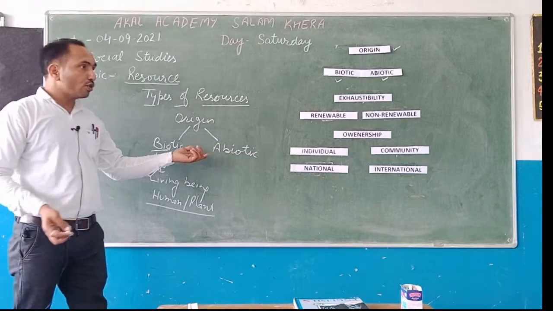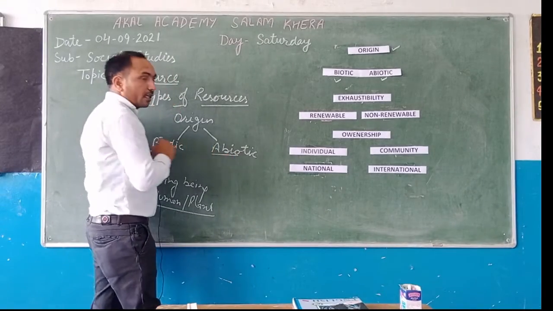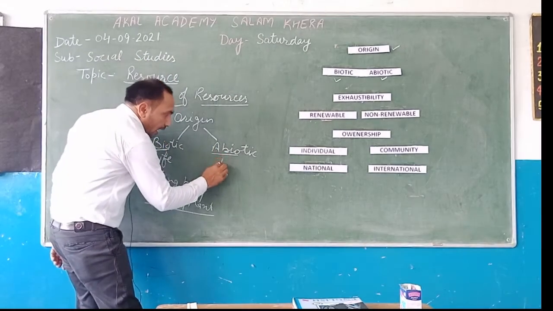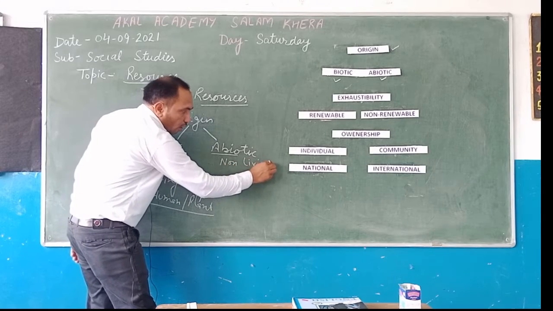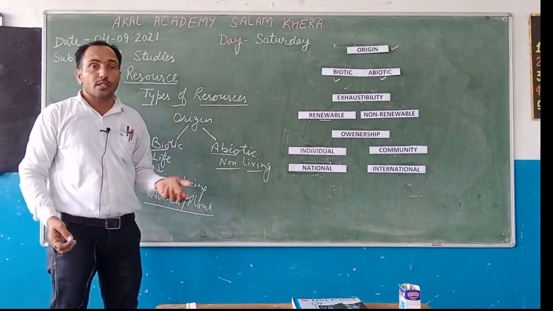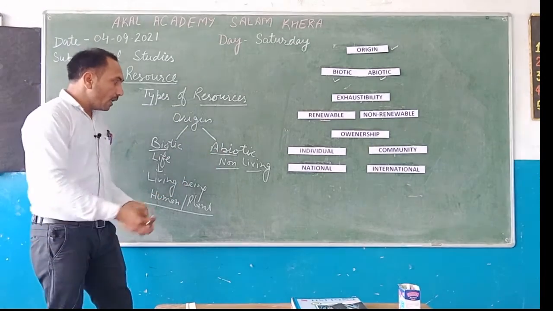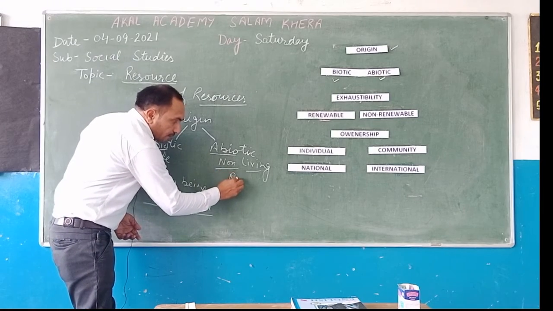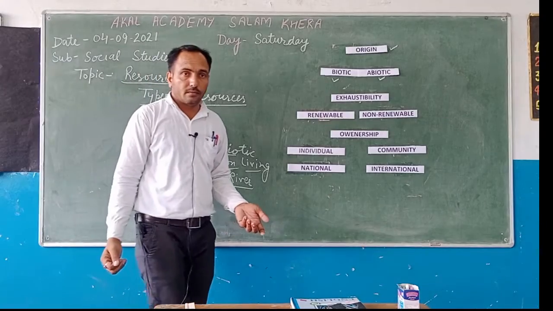The second category of resource is abiotic. It is the opposite of biotic. So these are the non-living things. All non-living things are under the abiotic resources. As an example, we can give river water.